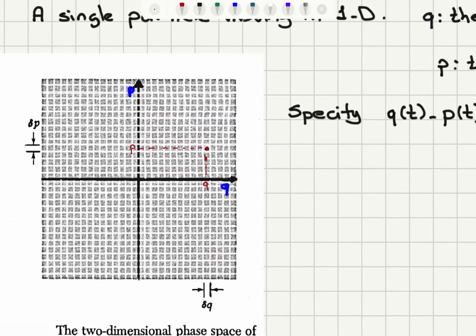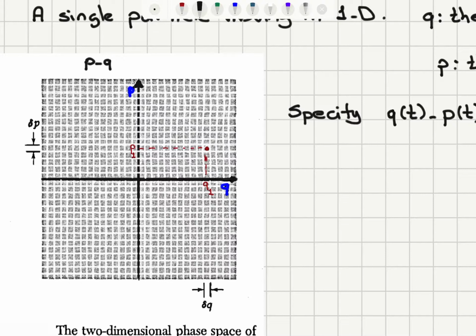So this is for one particle, so a one particle system, particle 1 momentum and particle 1 position as a function of time. So the particle, as it moves in one-dimensional space, will be going in between different cells in this PQ phase space.